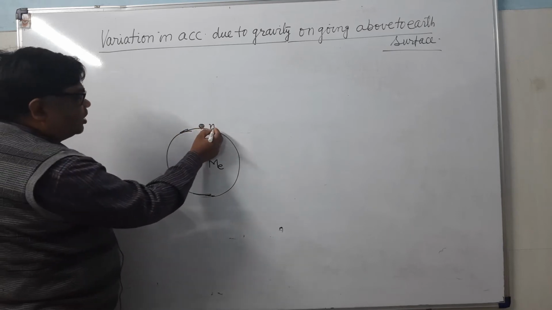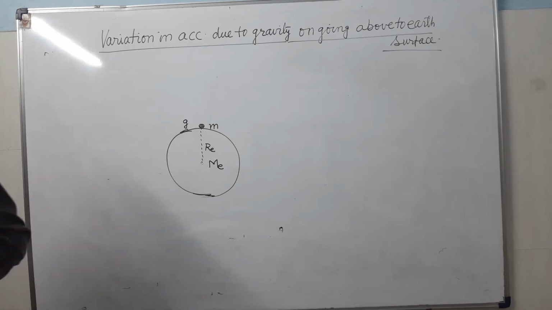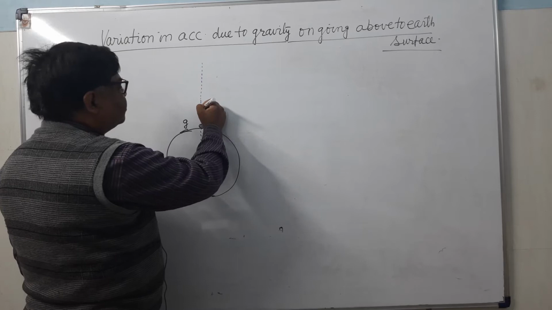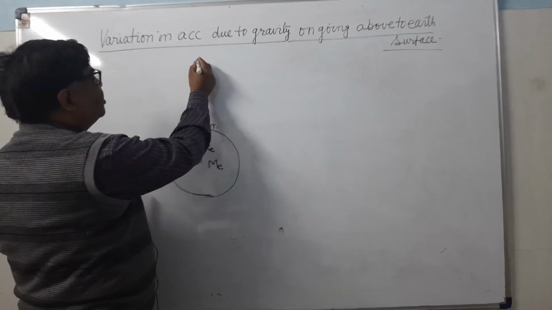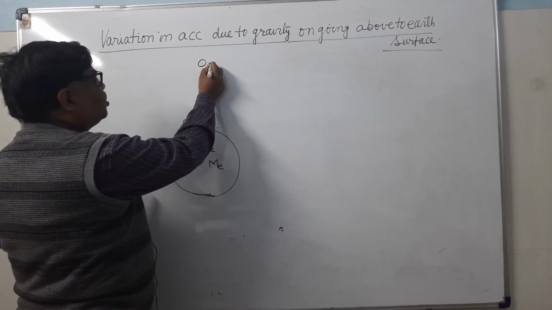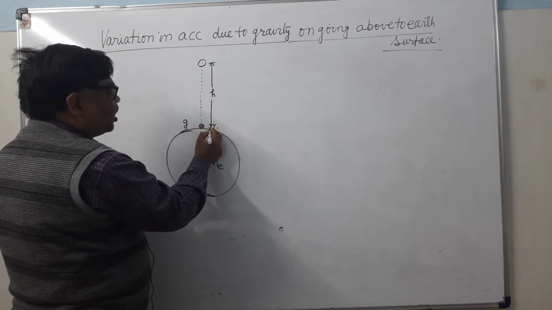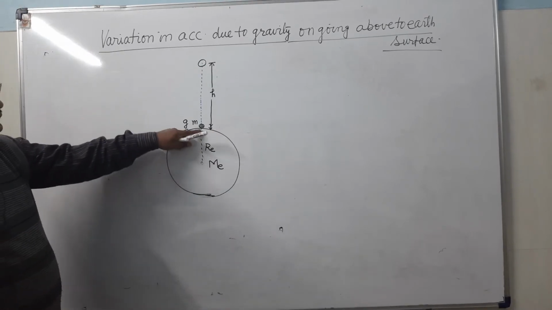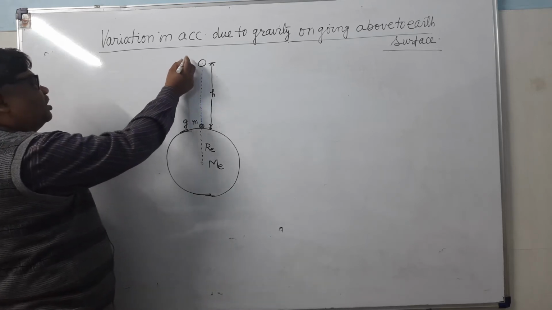Let the mass of the body be m and the acceleration due to gravity at this point be g. Let h be the height above the Earth's surface. If you go h height above the Earth's surface, the distance of the body from the Earth's center will be equal to Re plus h. Let the acceleration due to gravity there be g dash.